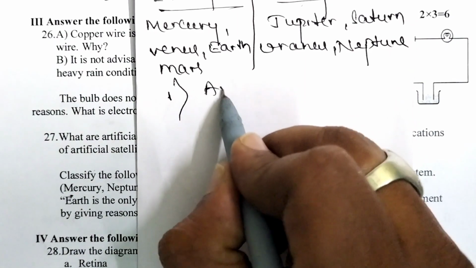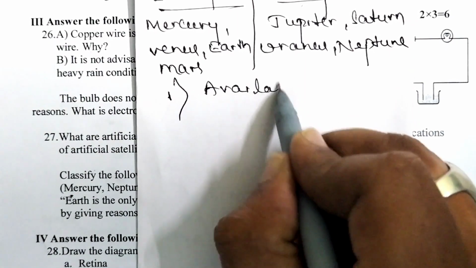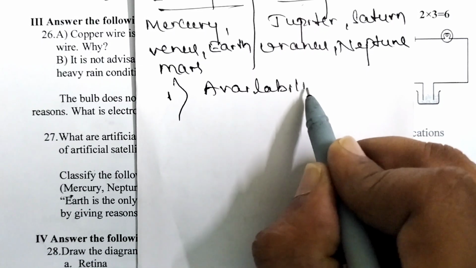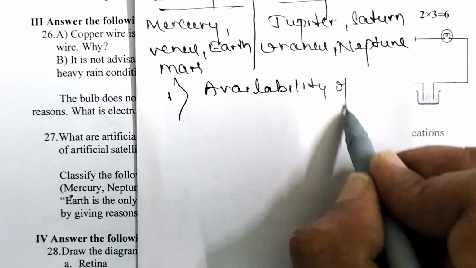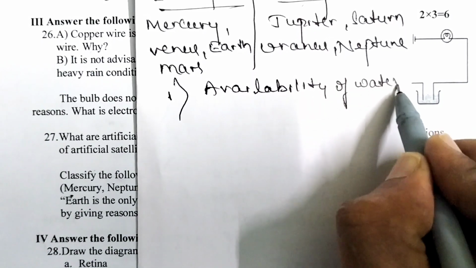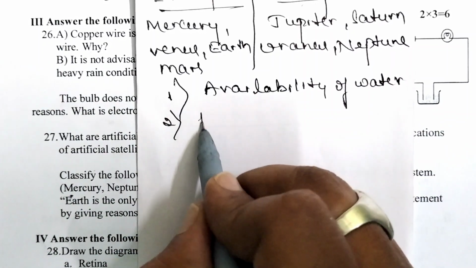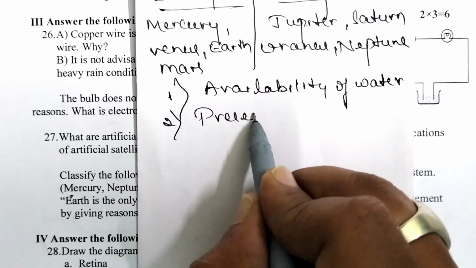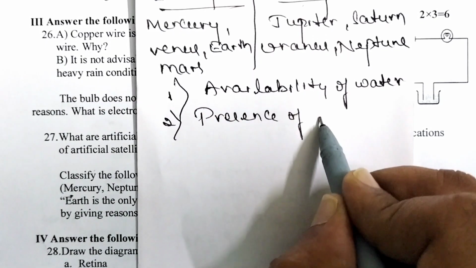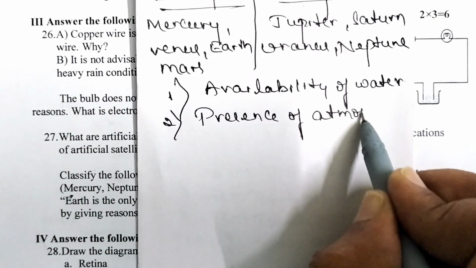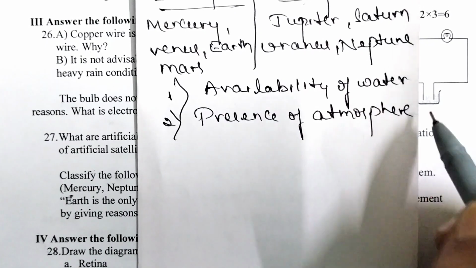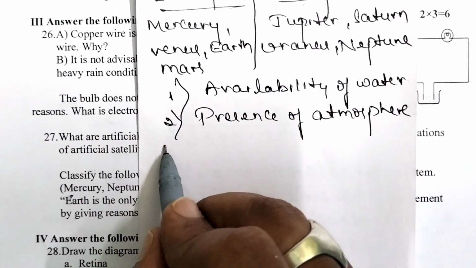The first one is availability of water. So water is available on the earth. This makes life exist. Then second one is presence of atmosphere. So the presence of atmosphere makes life exist.